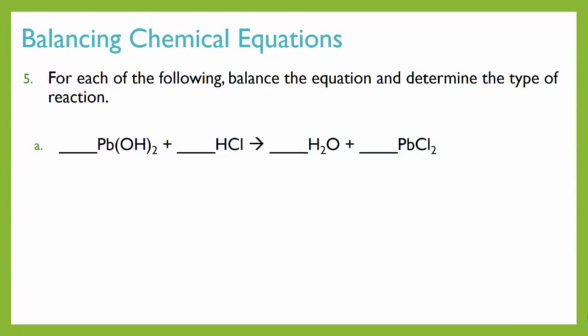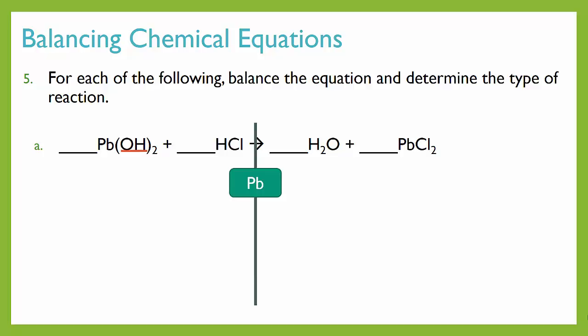The next question, we have some equations to balance and then determine the type of reaction. So the first step, we can draw a line, and then we're going to make a list of all of the elements and ions that we have on each side of the arrow. First we come across lead, and then the next thing is actually a polyatomic ion.